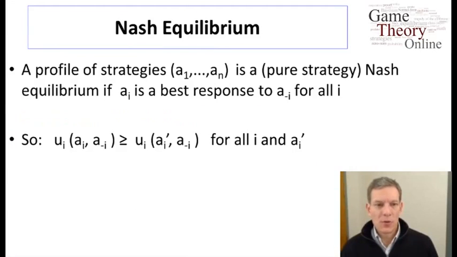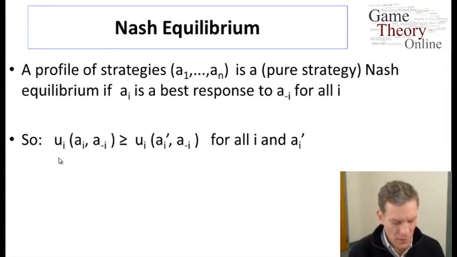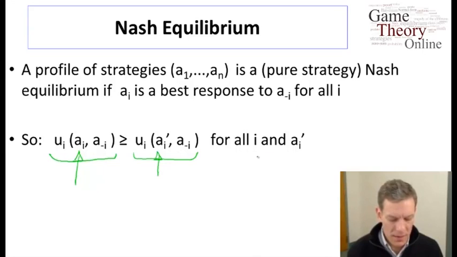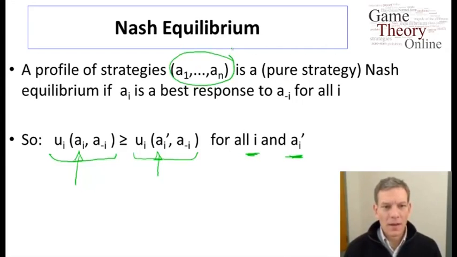Now with best responses in hand, we can define what a pure strategy equilibrium is. A Nash equilibrium in pure strategies is going to be a profile of strategies, a list of what action each particular player is choosing, a_1 through a_n, that is a best response for each player against all the others. So simultaneously we need a best response: each person is choosing an a_i such that their payoff is at least as good as the payoff they would get from any alternative a'_i, and this has to hold for each player and each possible strategy they can have, for the set of actions that we're considering as the equilibrium point.